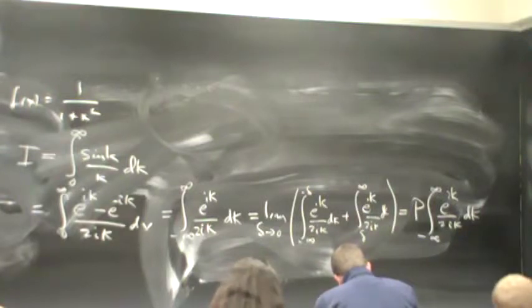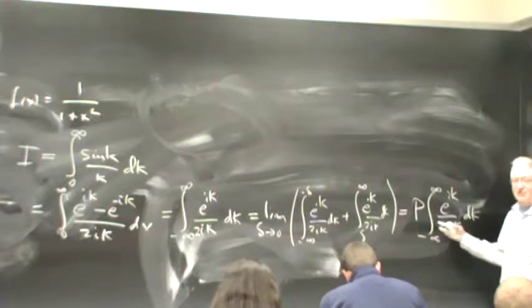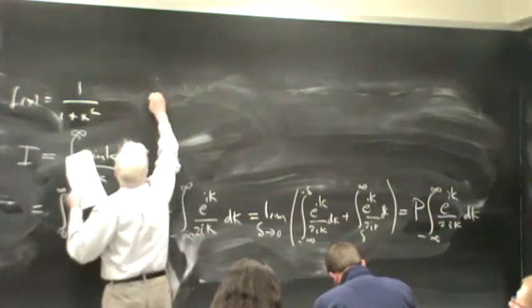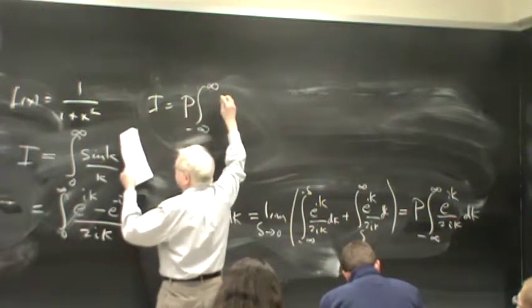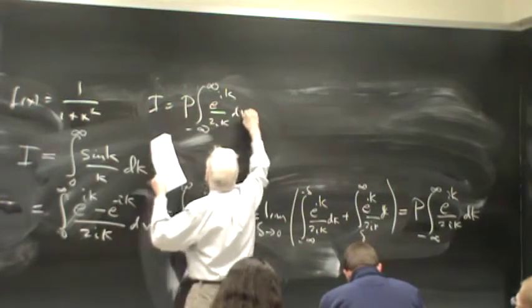So now we just use the Cauchy formula in reverse, and we say that I is equal to the principal part of the integral from minus infinity to plus infinity of e to the i k over 2i k dk.